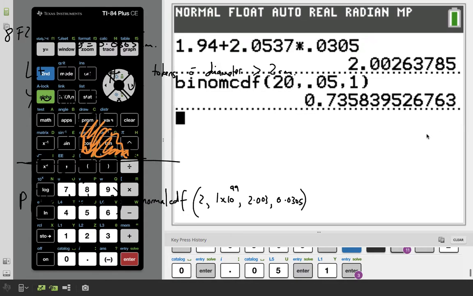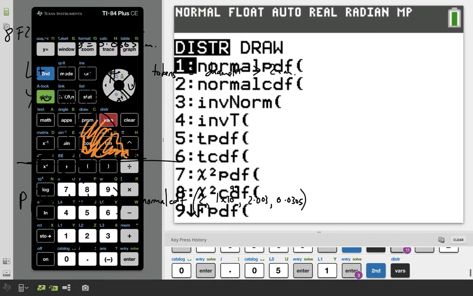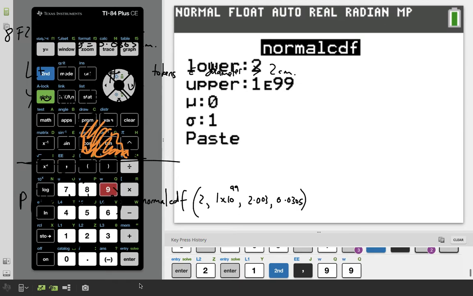So we're doing normal CDF now. Lower is 2 centimeters. Upper is 1 times 10 to the 99.